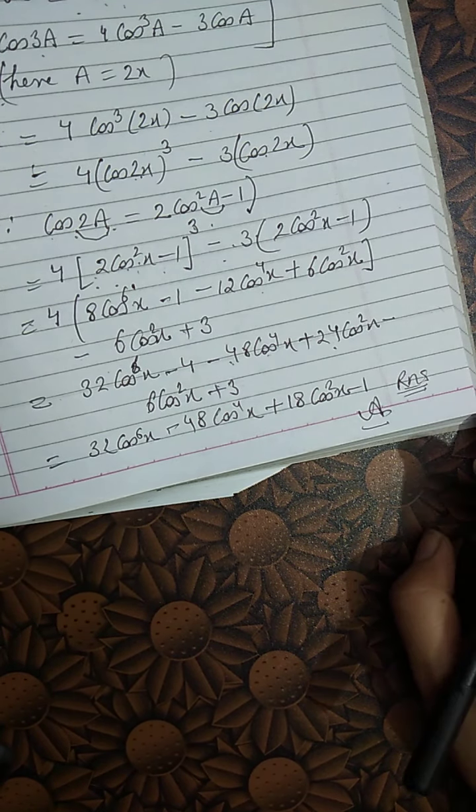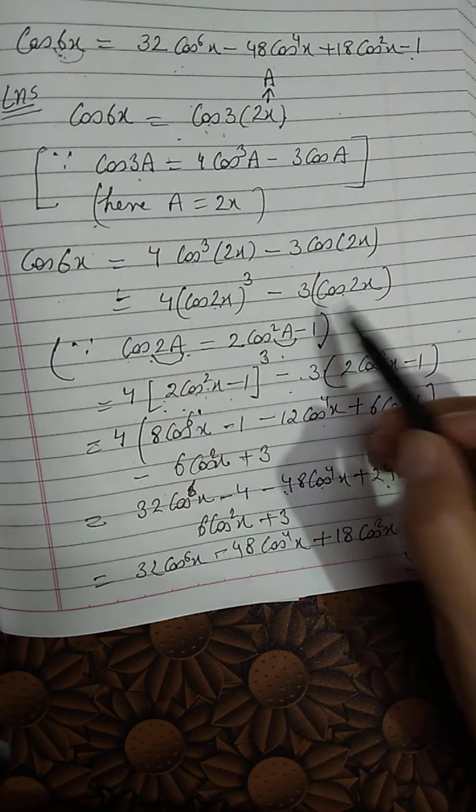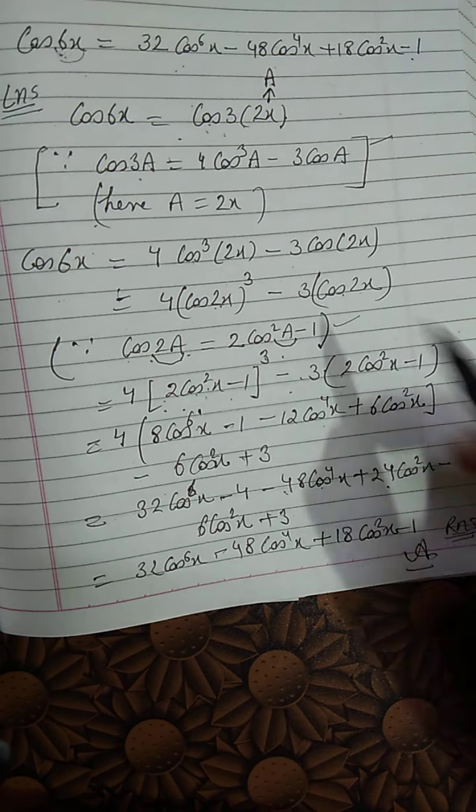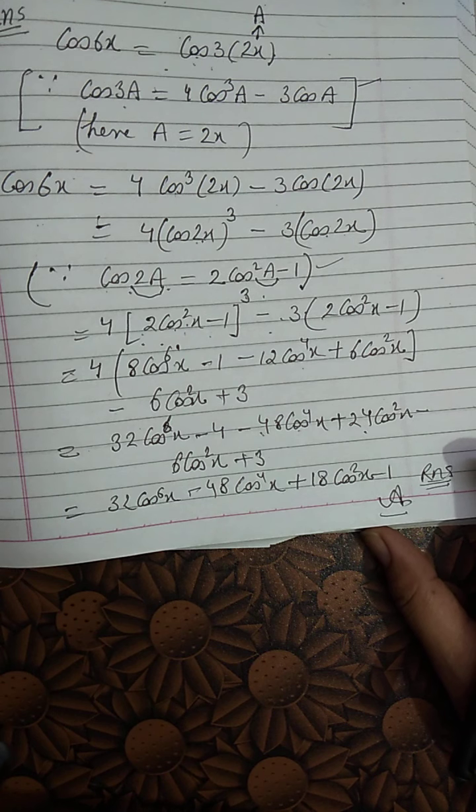Then cos 2a formula you will apply and then cos 3a formula you will apply. But here if I start with cos 3a, so our sum will go like this, and 2 times here cos 2x formula we will apply. So these two formulas are applied. Then we are just opening the brackets, multiplying, solving, and your answer is there.